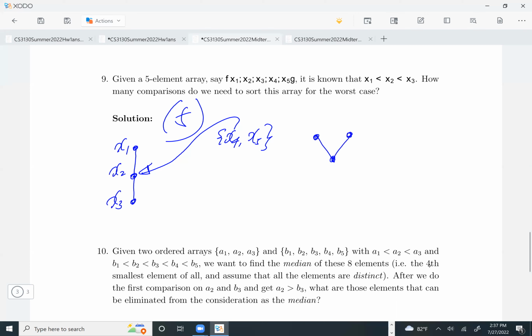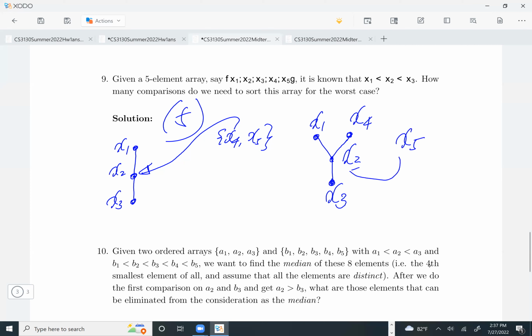That is this one: x1, x2, x4, with x4 less than x2, and then x2, x3. Now, x5.